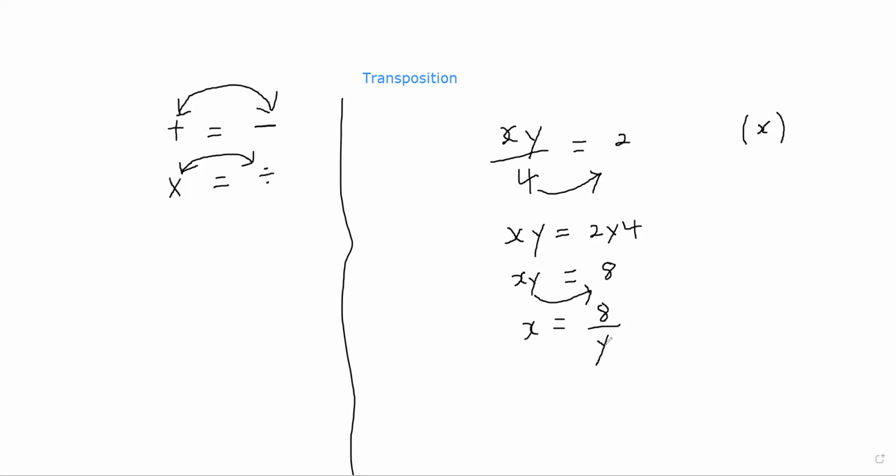Right? So take this down. This is a simple one. And that's how we transpose, right? Transposing is not difficult. You just have to remember the rules and you're good.